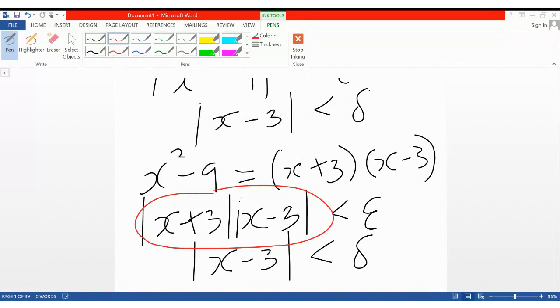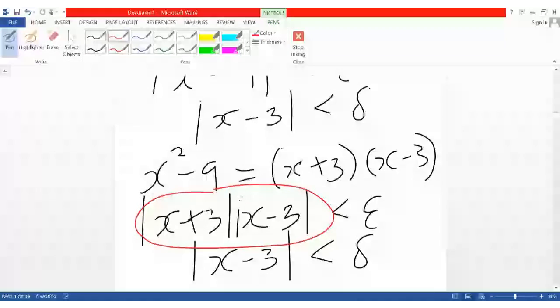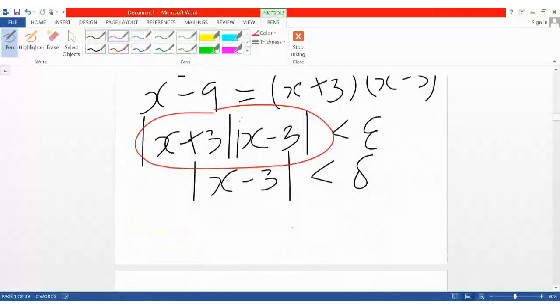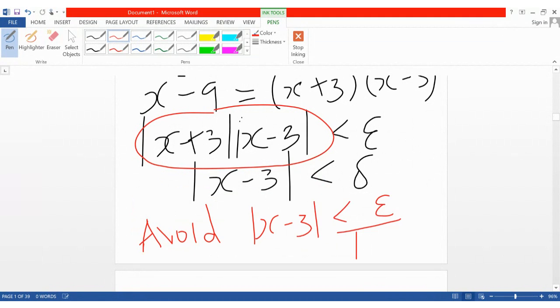But on the precise definition of epsilon and delta, I can't just divide both sides. Avoid this, because it is very important: you avoid saying that x minus 3 is less than epsilon all over x plus 3. That one will be wrong. Why? Because we want to show a relationship between delta and epsilon in the form of a constant, not a function.